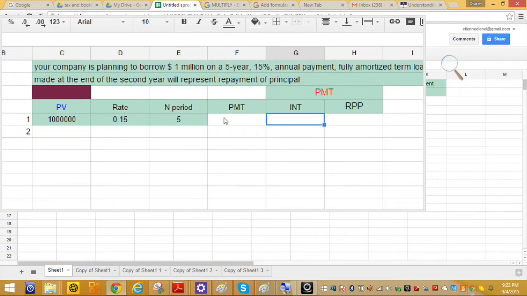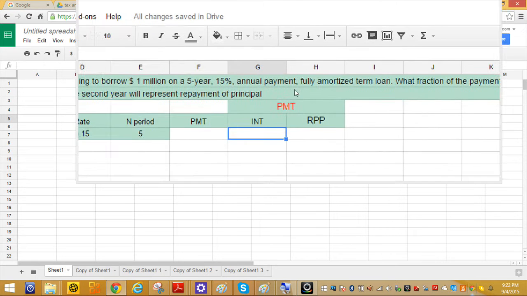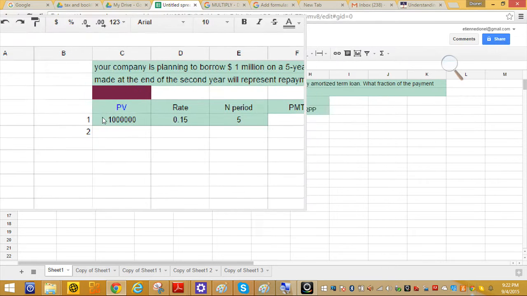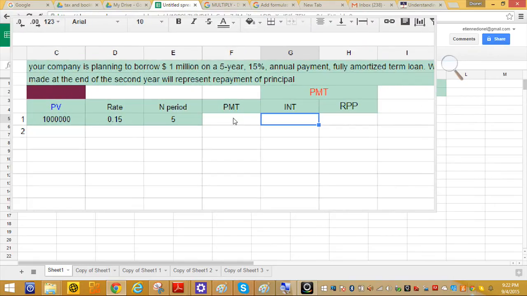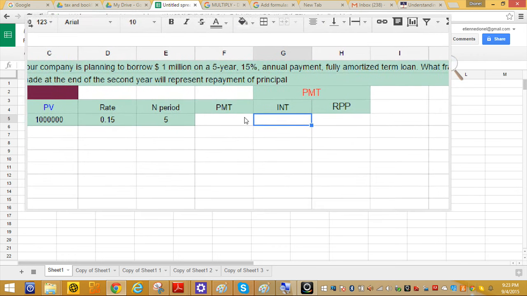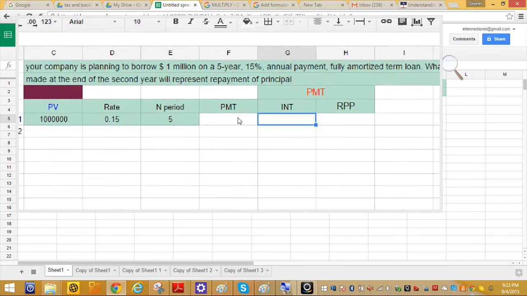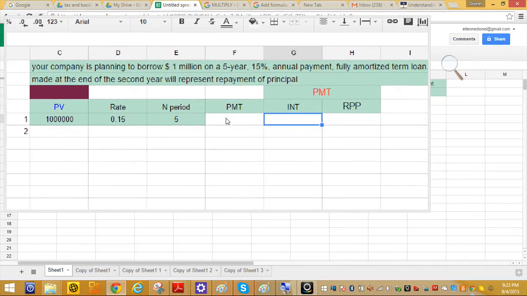The question is what fraction of the payment made at the end of the second year. So first of all I have to figure out the payment, with Google Sheet, no scientific calculator.